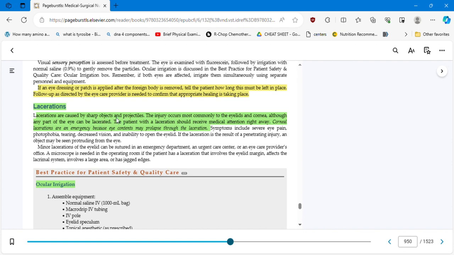Sharp objects and projectiles. Now that we are close to the holidays, and we love to have our champagne and our sparkling wine, be careful when you open those bottles, okay? Because you can have problems when you open your bottle of wine. The cork can come directly to your eye, or maybe the glass of the bottle is already broken.